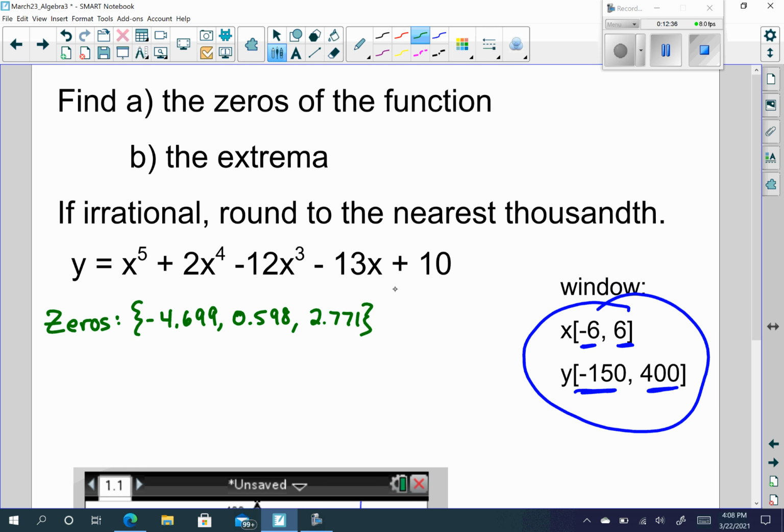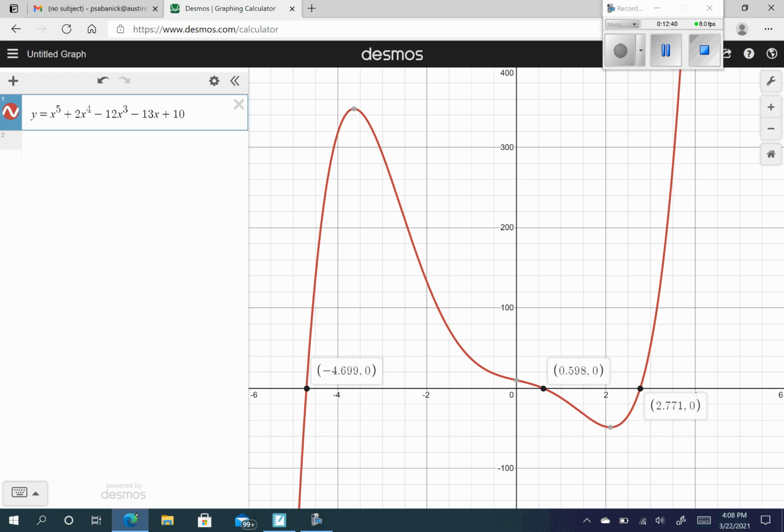Now let's take a look at the extrema. What's nice about this too is it already has the points ready for us, but we're not listing them as ordered pairs. Remember, we say the y, or the relative max, is the y value when x is given here. So let's go ahead and write those out.